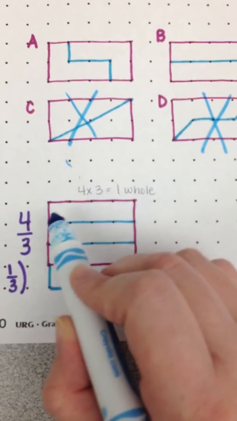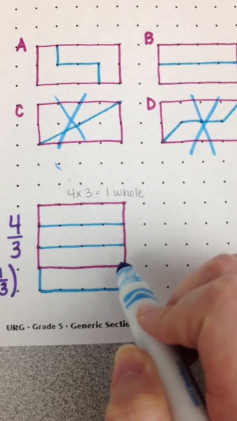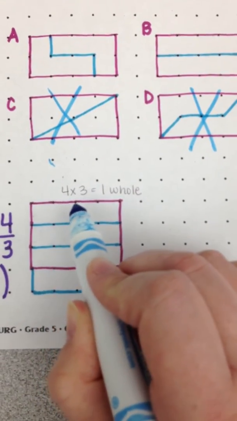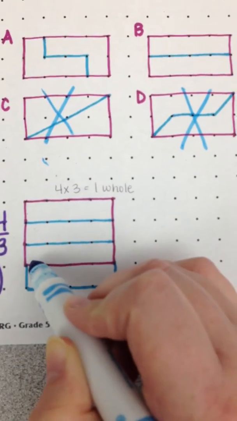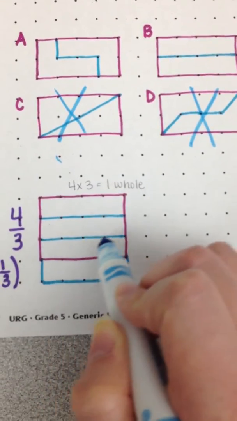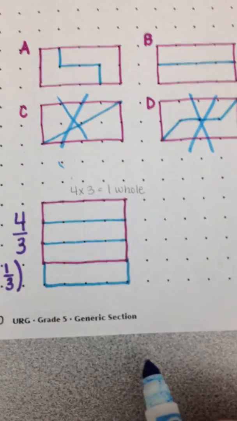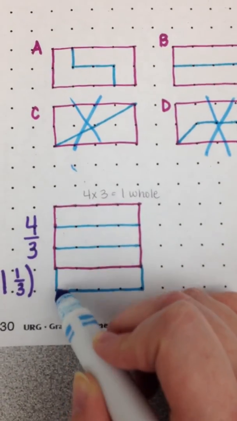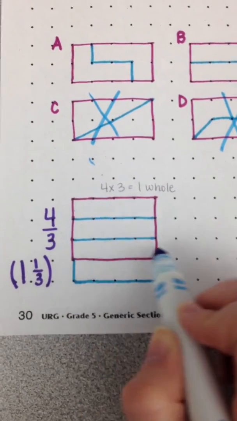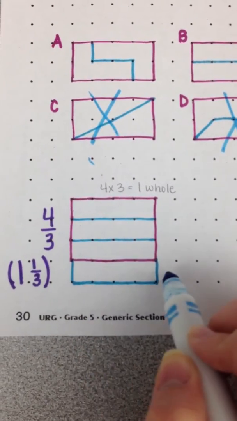The pink is the 4 by 3 rectangle, 1, 2, 3, 4 by 1, 2, 3. I've divided that into thirds, but we want 4/3, not 3/3, so I've added on another third to show one whole and 1/3.